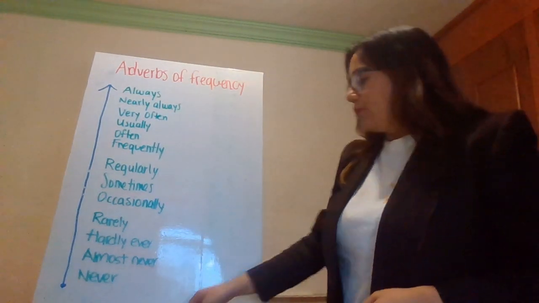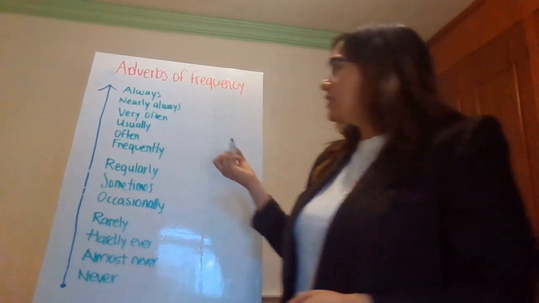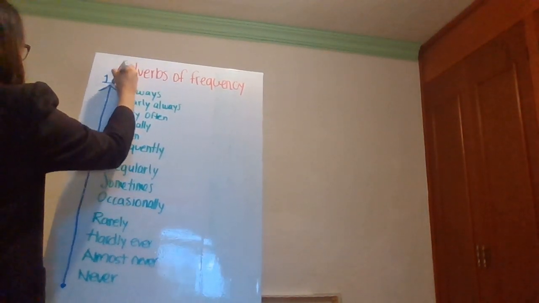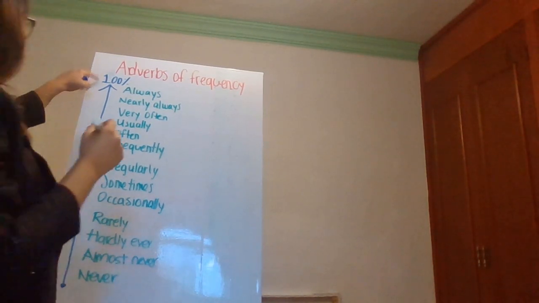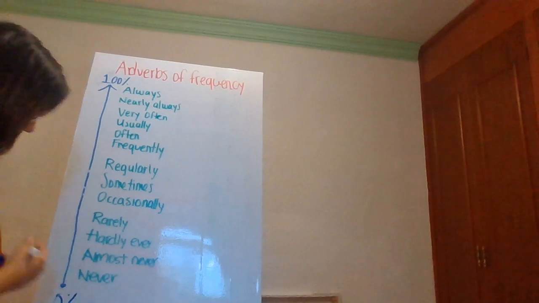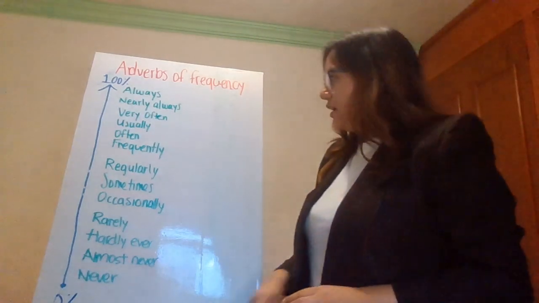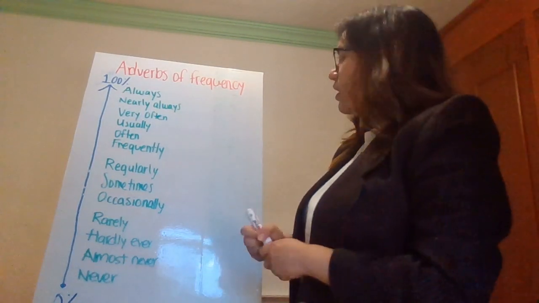Okay, so we can use some percentage to describe this. On the top we have 100%. How often do we do these activities? And on the bottom 0%. Okay, so we can also divide all these adverbs into three big blocks.